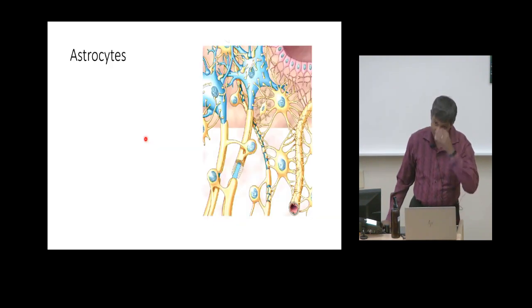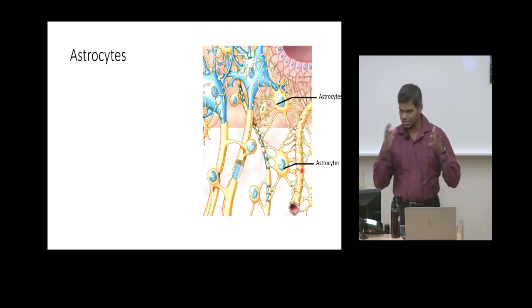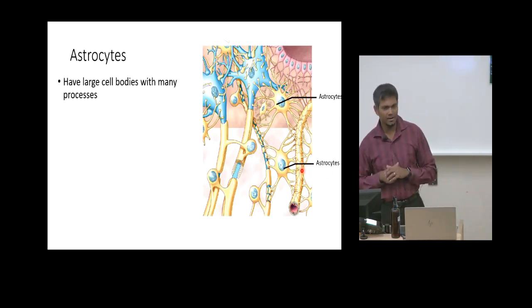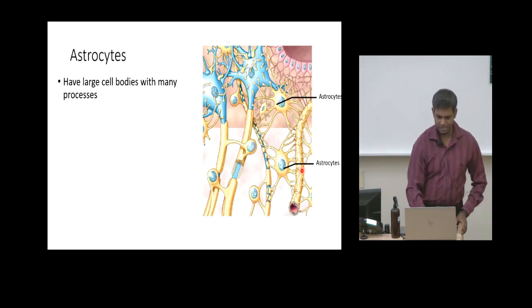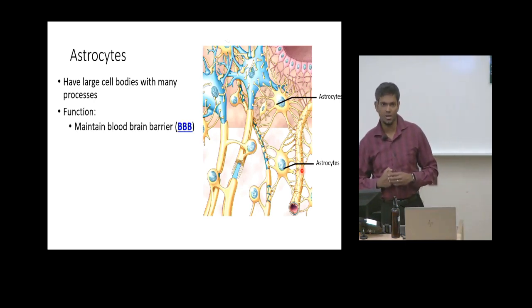So let's first talk about astrocytes, and I've just pointed out two astrocytes here. They have these large cell bodies with many dendritic projections, and that's what makes them look like a star, and so the name astrocytes. The main function of these astrocytes is to form the blood-brain barrier.